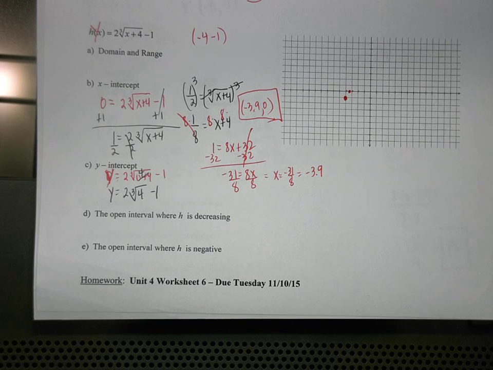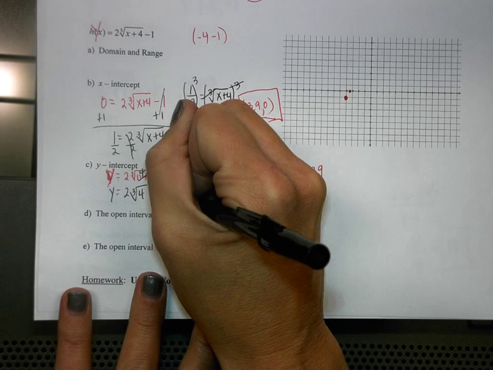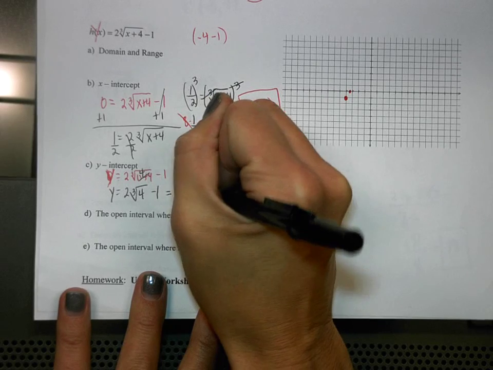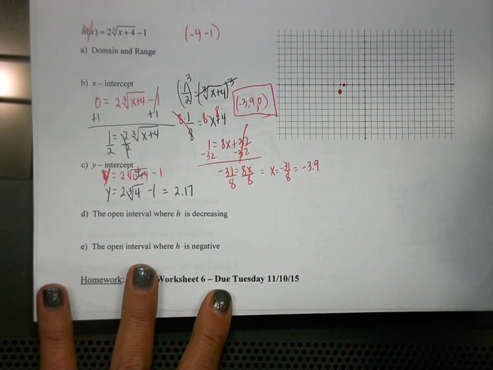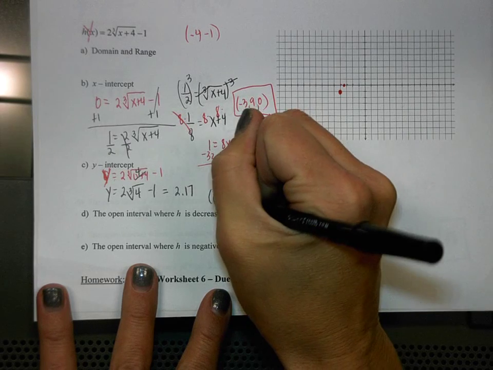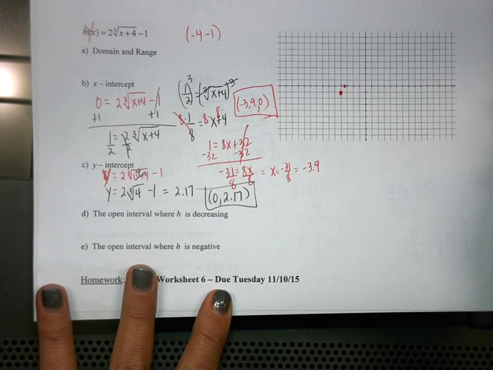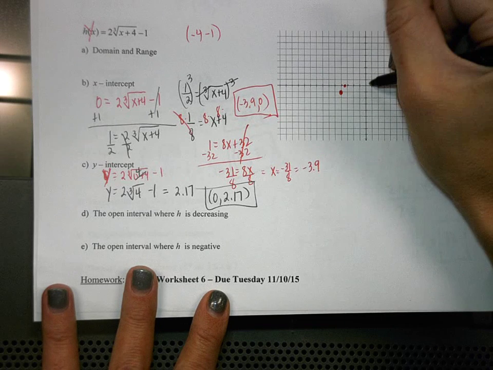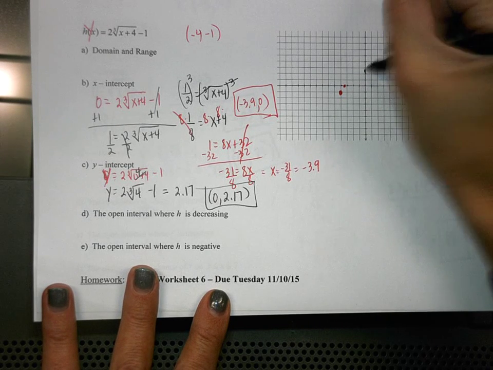So we will play around with this later, but I'm just going to go ahead and tell you right now that this decimal is 2.17. And so as an ordered pair, we'd write that as 0, 2.17. So 0, up 1, 2.17, so just past that, and there is my y-intercept point.